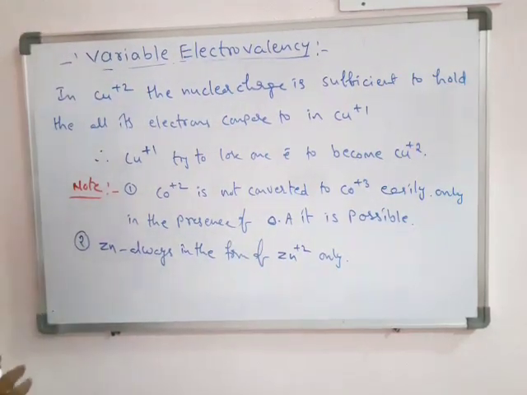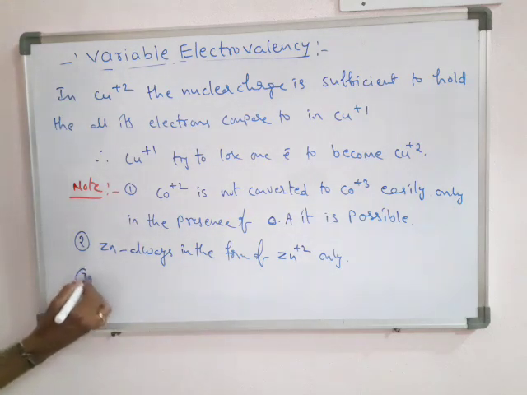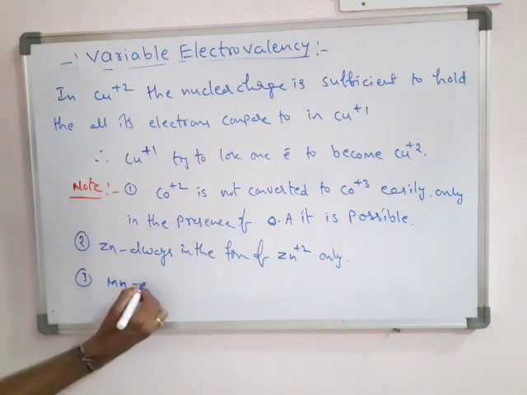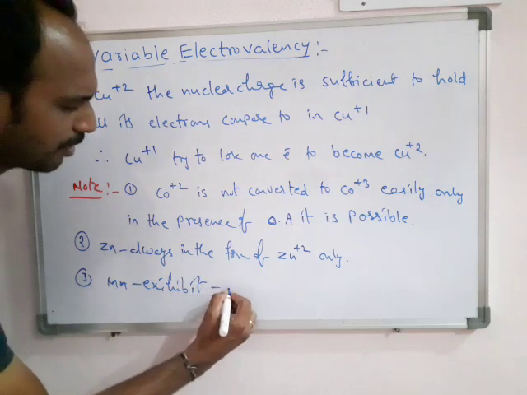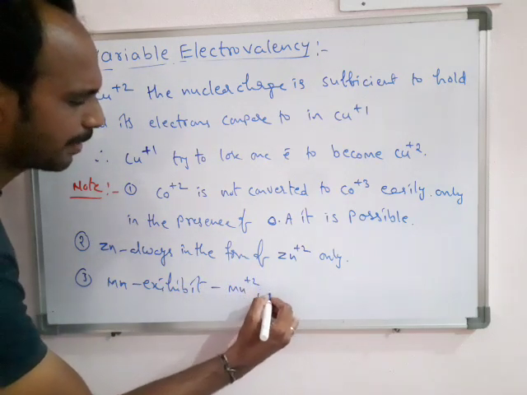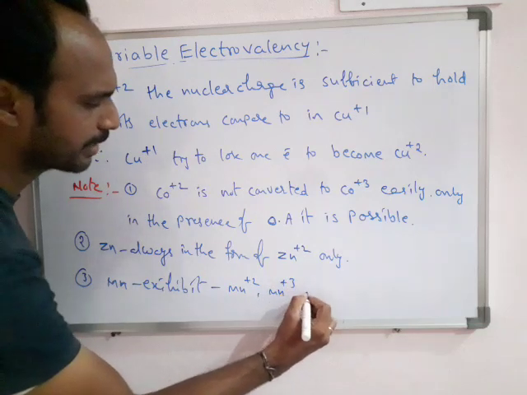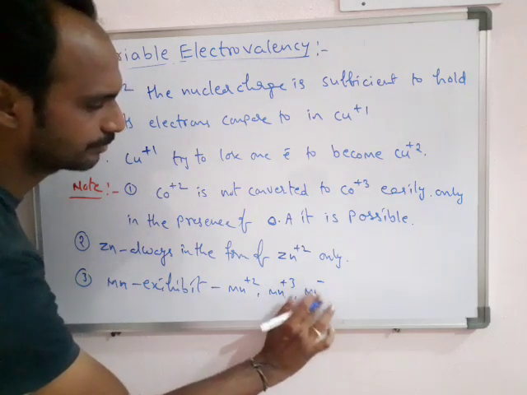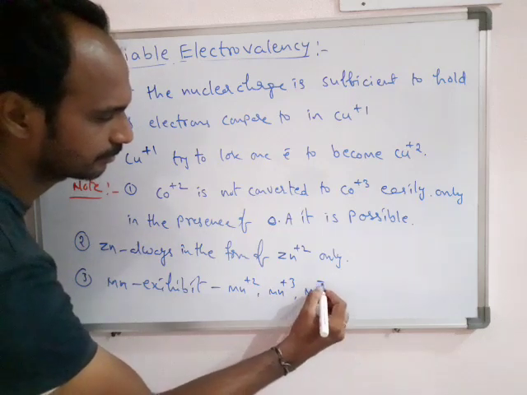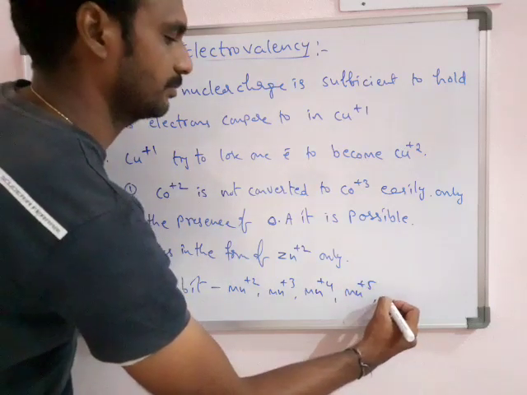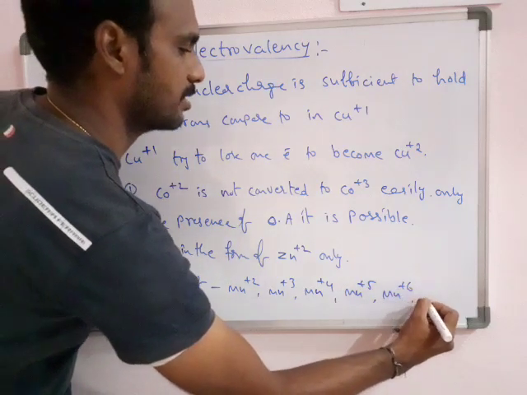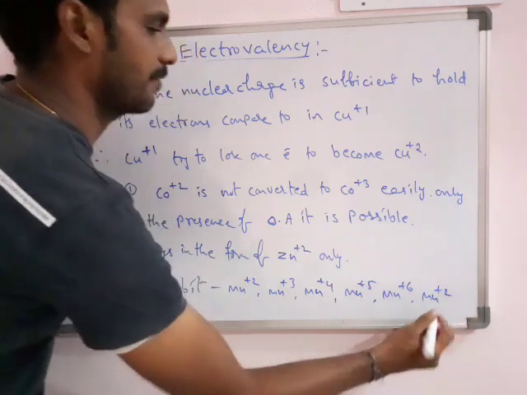For example, let's take manganese. Manganese exhibits many types of configurations: Mn plus 2, plus 3, plus 4, plus 5, plus 6, plus 7.